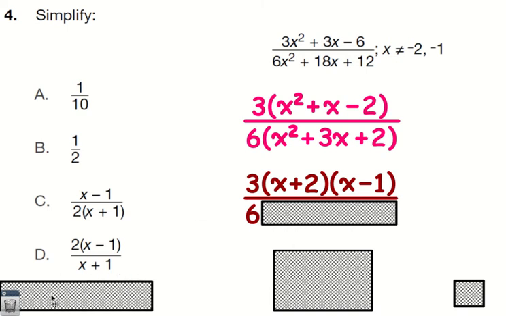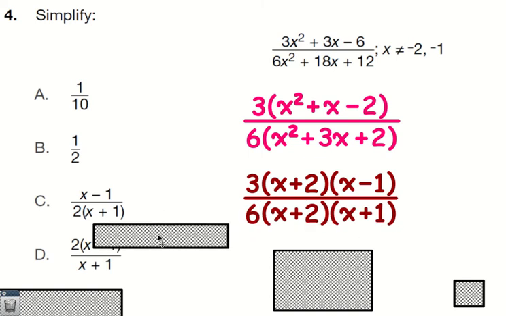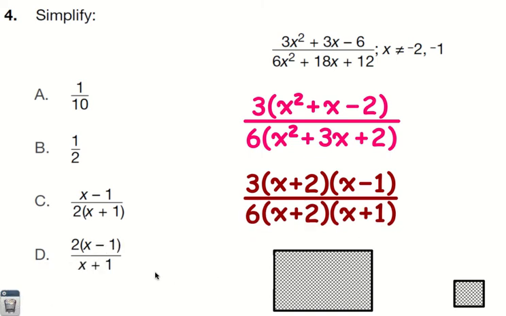And how about the denominator? Does this factor again by unfoil? Yes, it does. And so now that it's been completely factored, we have a factor of 3, a factor of x plus 2, a factor of x minus 1 up in the numerator, and in the denominator we have a factor of 6 and a factor of x plus 2 and a factor of x plus 1.